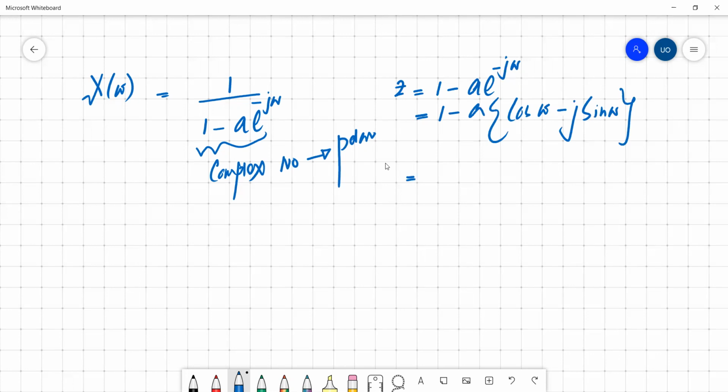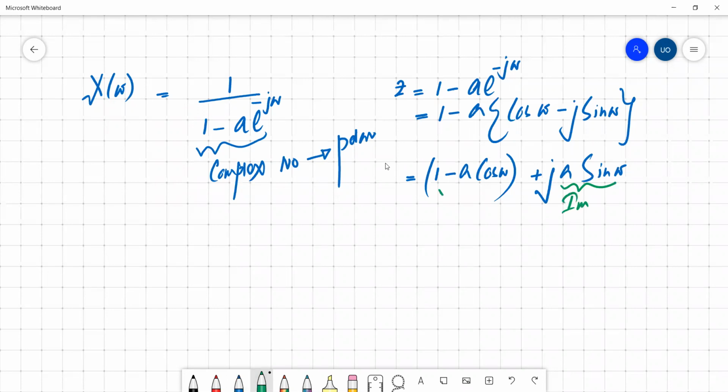If you combine the real and imaginary components, we have 1 minus a cos omega, which is the real part of Z, plus j a sine omega, which is the imaginary part.